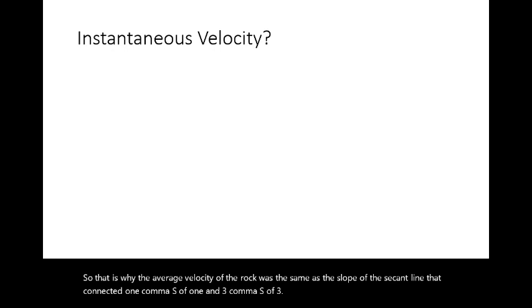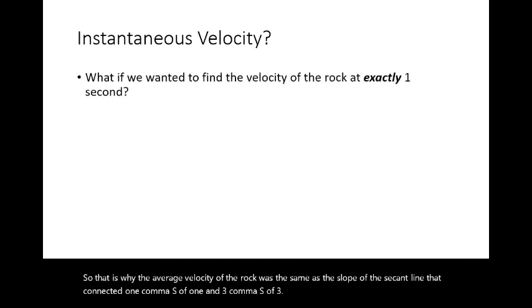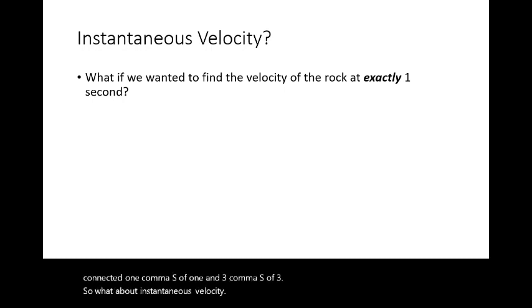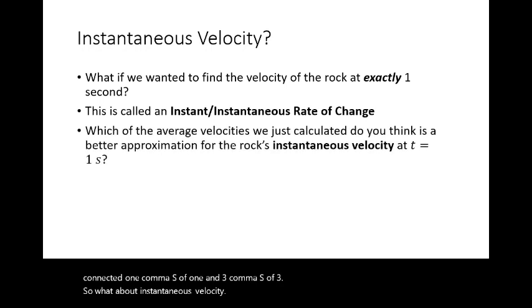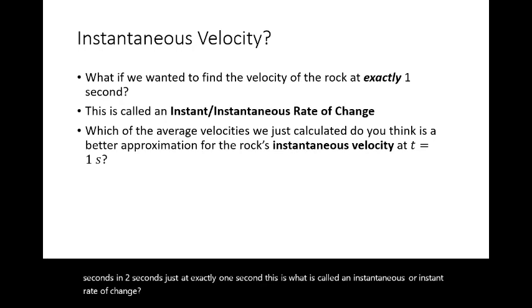So what about instantaneous velocity? What if we wanted to find the velocity of the rock at exactly 1 second? Not between 1 second and 2 seconds, just at exactly 1 second. This is what is called an instantaneous rate of change. Now, here's the problem with the slope of a line formula. You need 2 points.